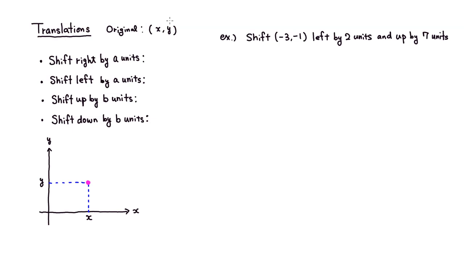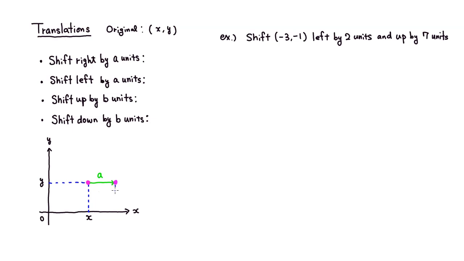So here we take a point. This is the original point, x comma y. And we're going to shift it to the right. So I'm going to shift this guy this way, let's say a units. You can see that the y coordinate will stay the same, and this new shifted point is going to have an increased x coordinate.